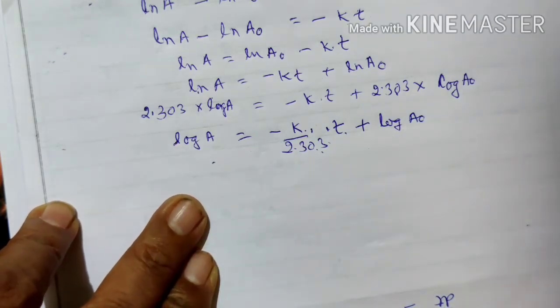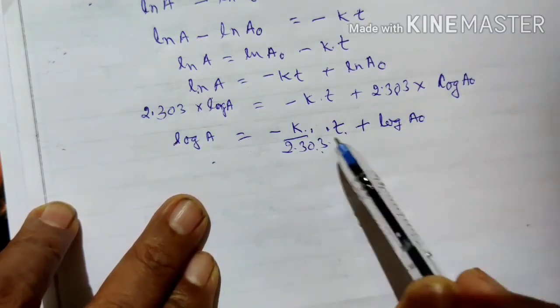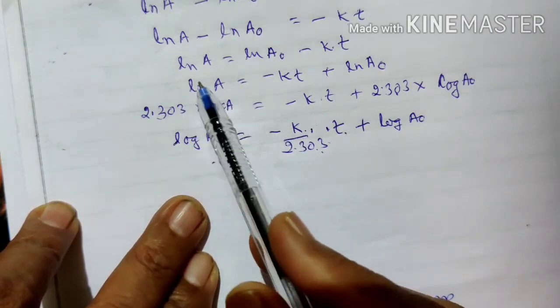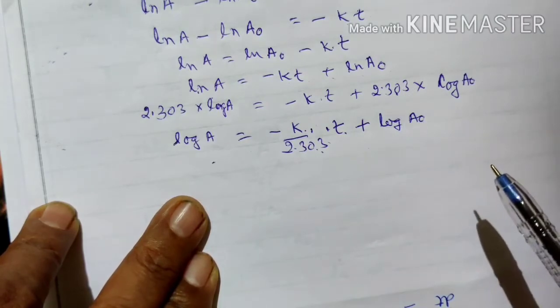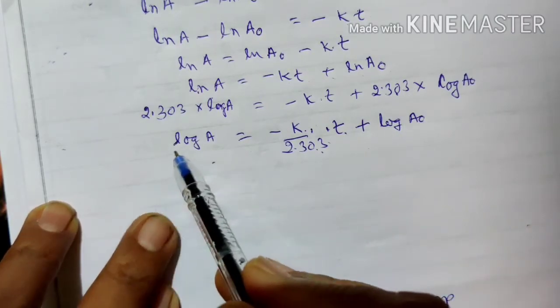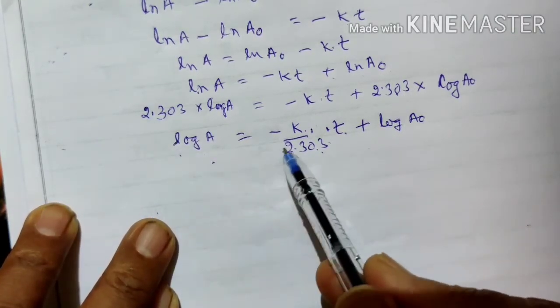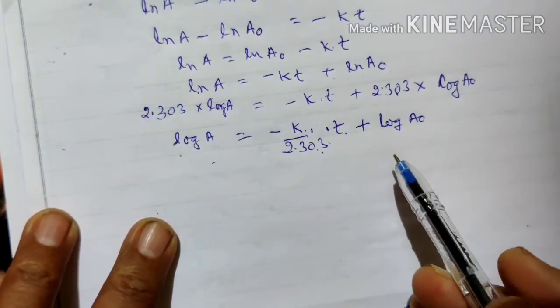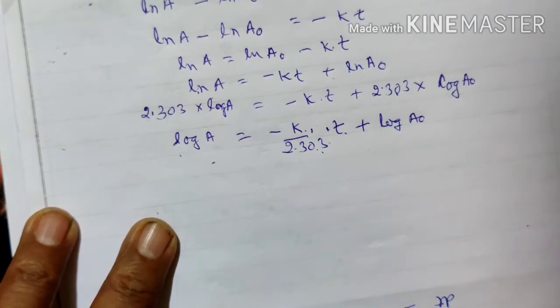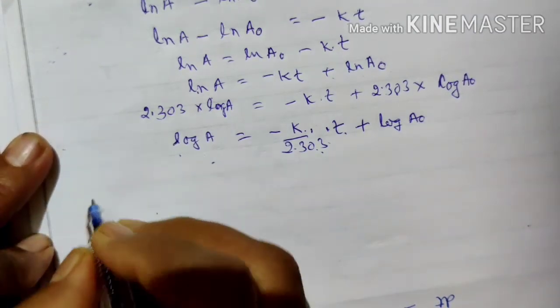So we can plot the graphs for the equation, either ln A is equal to minus kt plus ln A0, or log A is equal to minus k upon 2.303 into t.